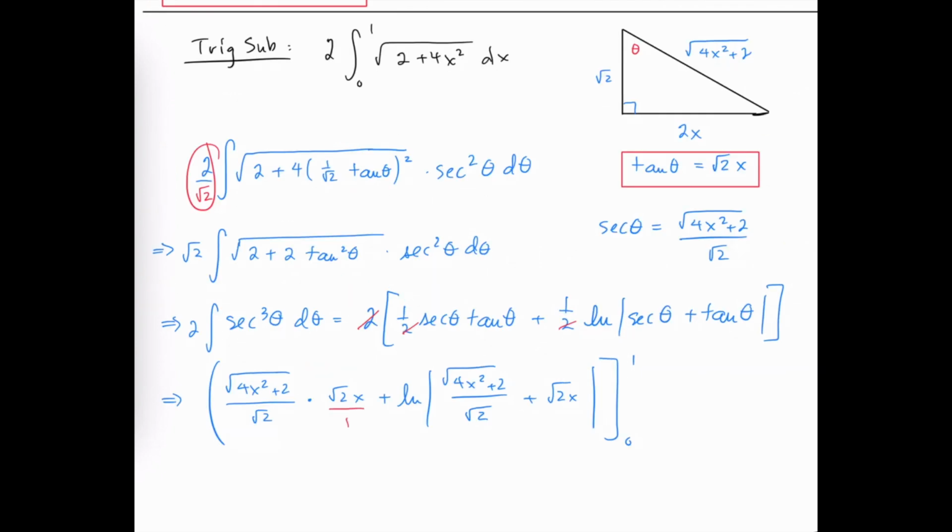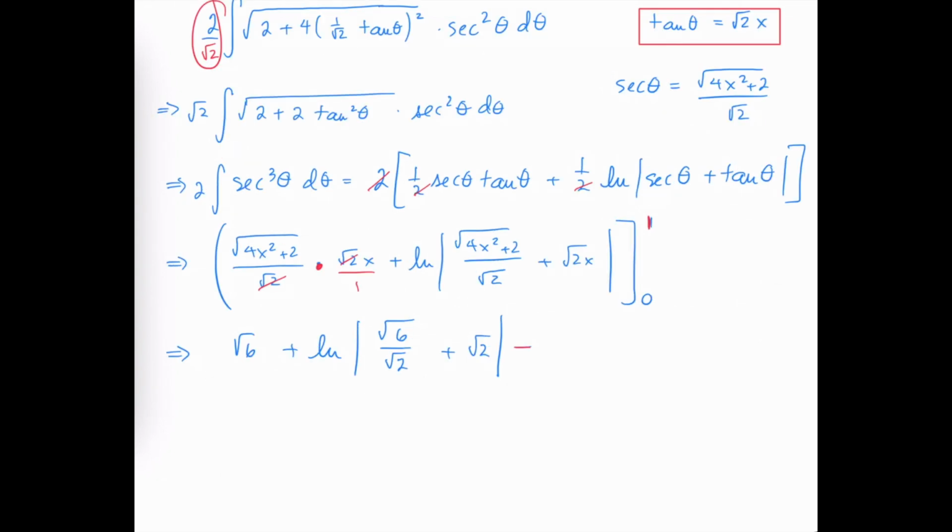So let's notice that we have a rad 2 factor that will cancel out right here. Square root of 4 times 1 squared plus 2 is 6 under there. So we have square root of 6 times 1 plugged in for this x, which is just square root of 6, plus the ln of, again, we'll have square root of 6 when we plug in 1 for the x, divided by rad 2, plus rad 2 times 1, which is again just rad 2.